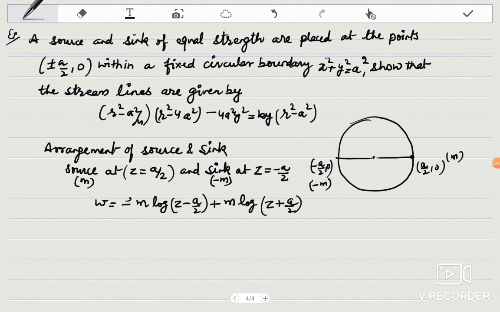Now we use the circle theorem. I write it as f z. So to use the circle theorem, we find f of a square upon z.